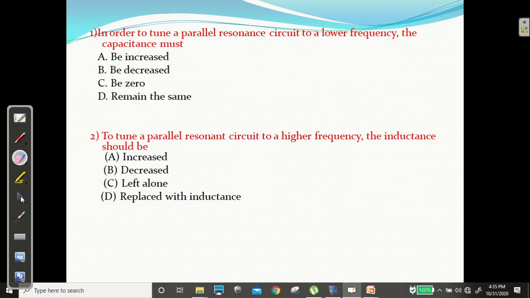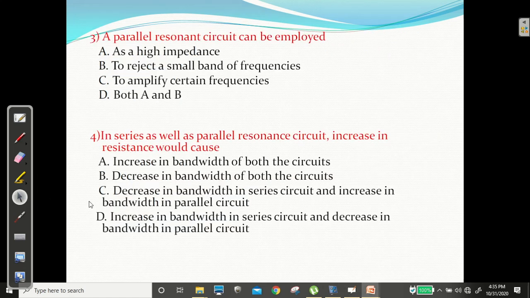Question number 3. A parallel resonant circuit can be employed as a high impedance.